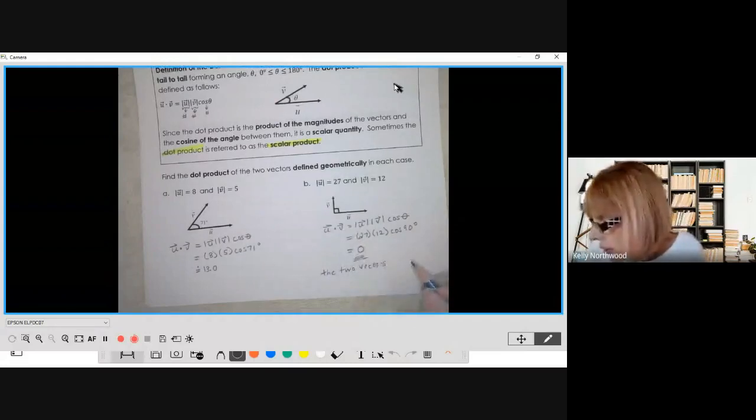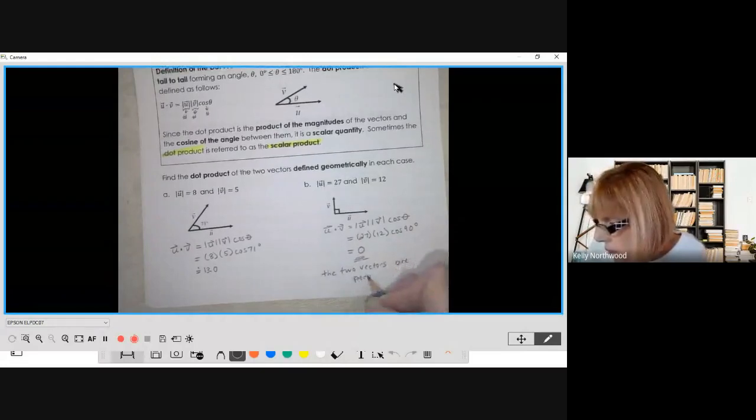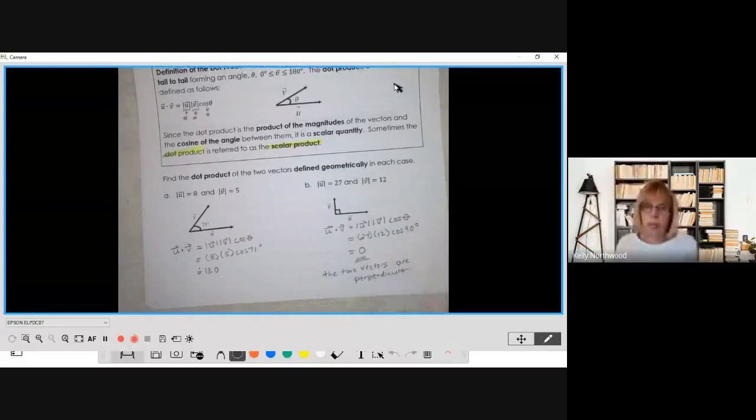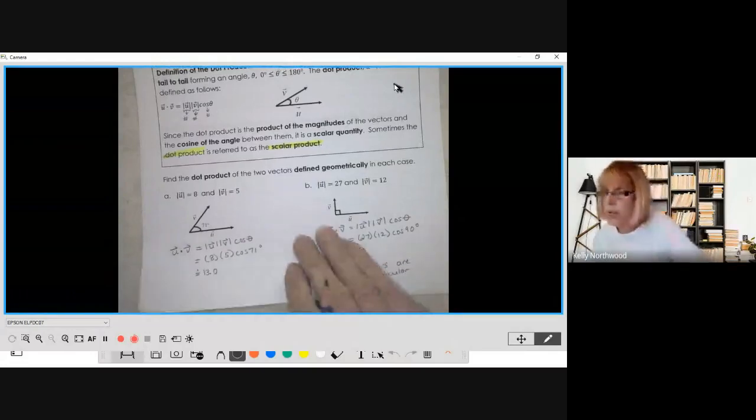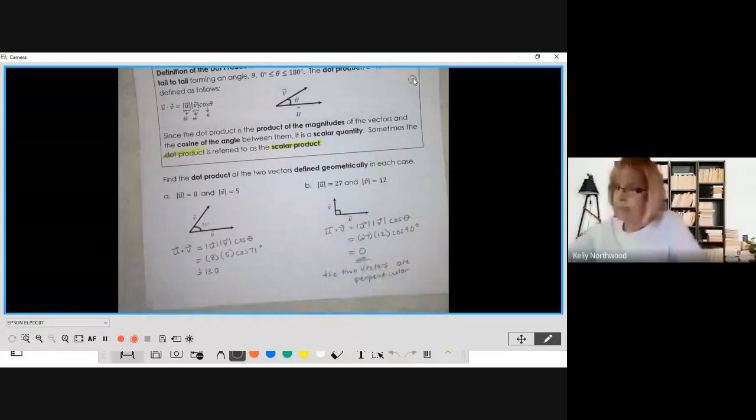So if you find the dot product of two vectors and it turns out to be 0, you can be assured that those vectors are perpendicular to each other. Again, it's one of the most significant things about the dot product.